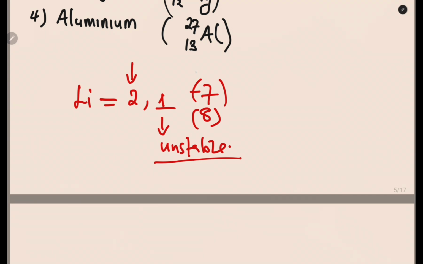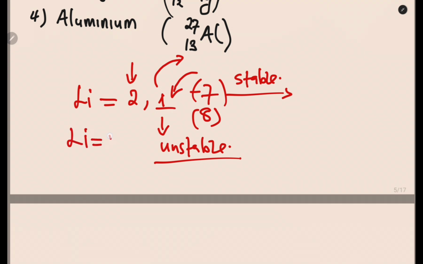So the lithium atom can gain 7 electrons and become stable, bringing in the electrons that are missing from somewhere. Or it loses this 1 electron, which means the configuration of lithium is just going to be 2.